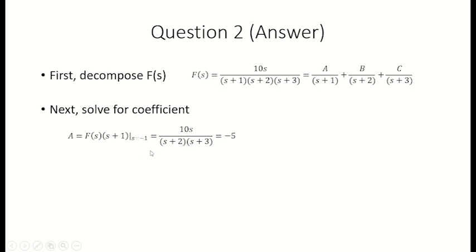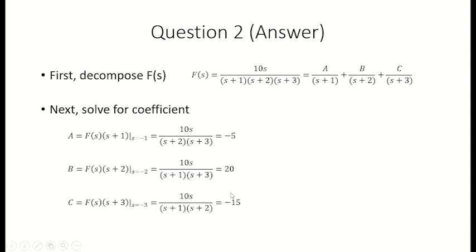So you will find A to be negative 5. Similarly, you will find B by eliminating the s plus 2 term and replace all the remaining s's with the minus 2, and you will find B to be 20. Use the same technique to find C, which is going to be minus 15.